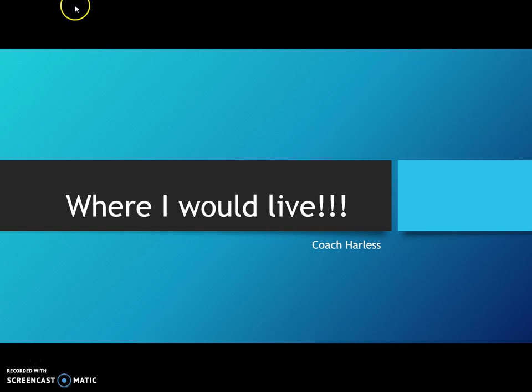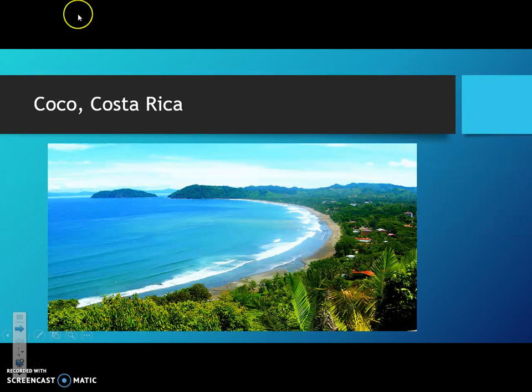Now, the place that I picked is Coco, Costa Rica. As you can see, it's got some mountains, the ocean, beach, very tropical. So those are a few reasons why I chose this place.